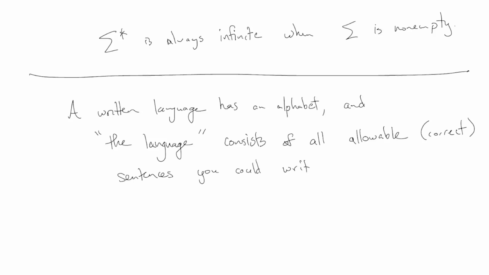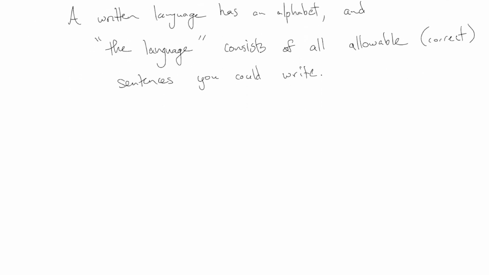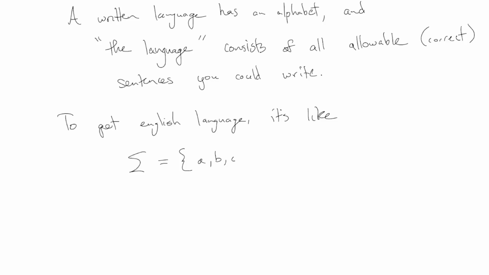Or write, I guess I'm talking about writing, all right? So for example, if you want to model the English language based on the terminology that I've been using, the alphabet that you use consists of A, B, C, down to Z. Let's ignore capital letters just because I'm trying to make everything simple.